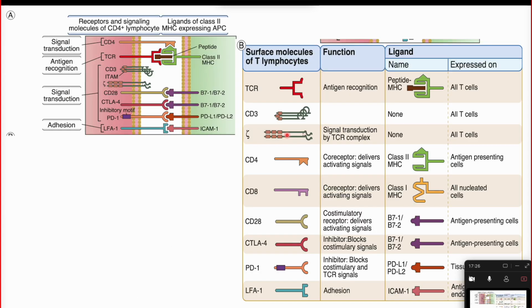Now you very well know how the co-receptors play a major role in recognizing self and non-self. After spending almost 8 weeks with the course, now you know why we actually need so many proteins and so many surface receptors to make sure that self and non-self are distinguished very well.